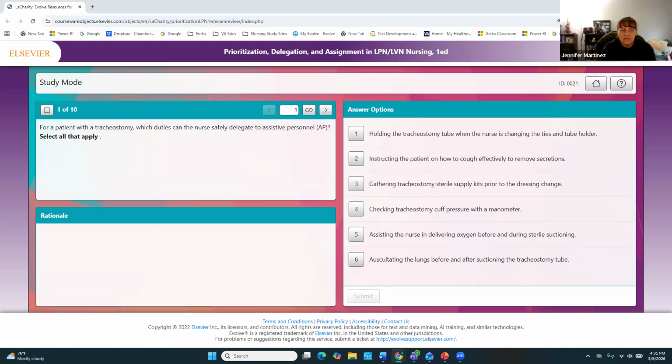5, assisting the nurse in delivering oxygen before and during sterile suctioning, and 6, auscultate the lungs before and after suctioning the tracheostomy tubes. So what can the nurse safely delegate to a UAP?